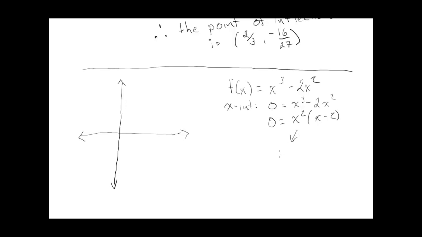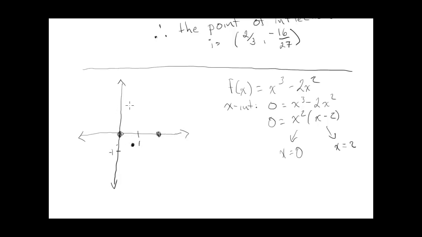So I have x-intercepts at 0 and 2. My point of inflection was at 2/3, negative 16/27. 2/3 is 2/3 of the way between 0 and 1, so about there. And negative 16/27 is a little more than a half. So right around there, we've got our point of inflection.